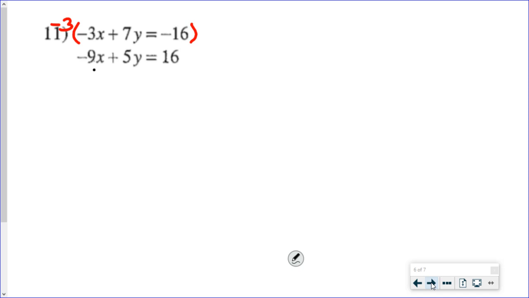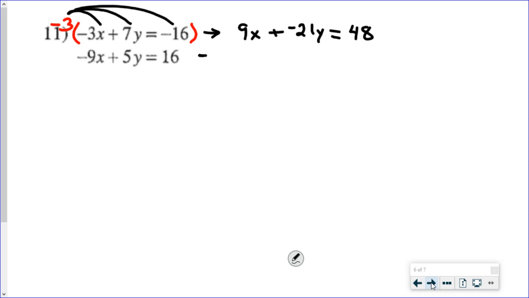And look, then my x's here will cancel. Think about that for a minute, because that's the goal. So if I multiply through, this gives me a positive 9x. This gives me a -21y, then the equal sign, and -3 times -16 gives me a positive 48.